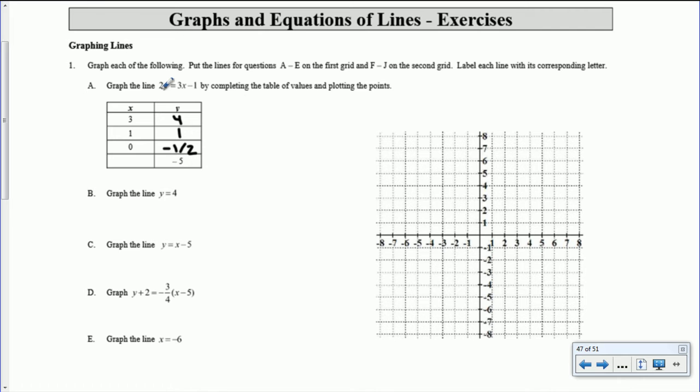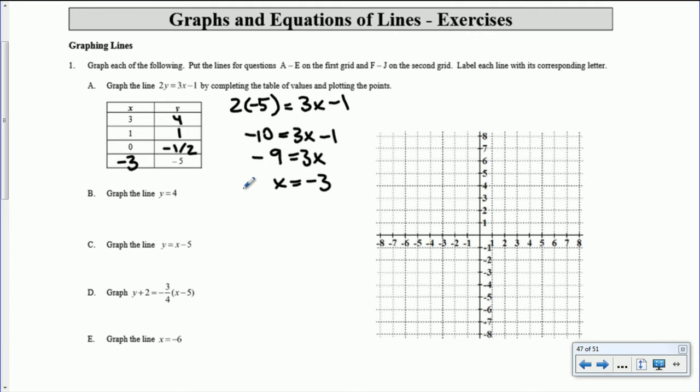This time we're given y, so we do 2 times negative 5 equals 3x minus 1, and we just solve for the corresponding value of x. So that would be negative 10 equals 3x minus 1, so that would work out to negative 9 equals 3x. So divide both sides by 3, we get x equals negative 3. So negative 3 goes there.